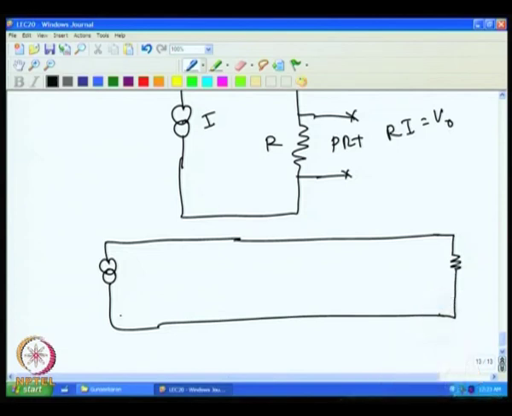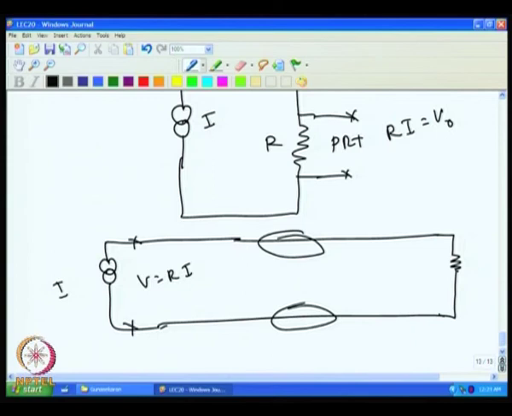Now, if I measure the voltmeter reading, the voltage across this is nothing but the voltage across this. So, that should give me R into I, but if the wire is long, then this wire resistance matters a lot.